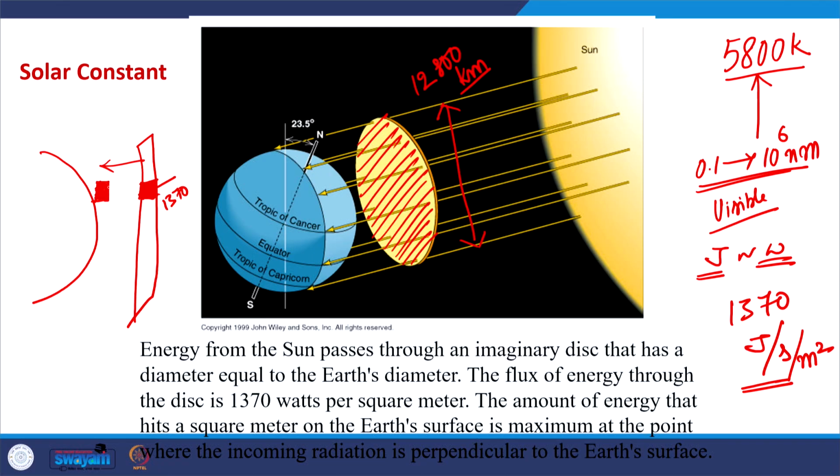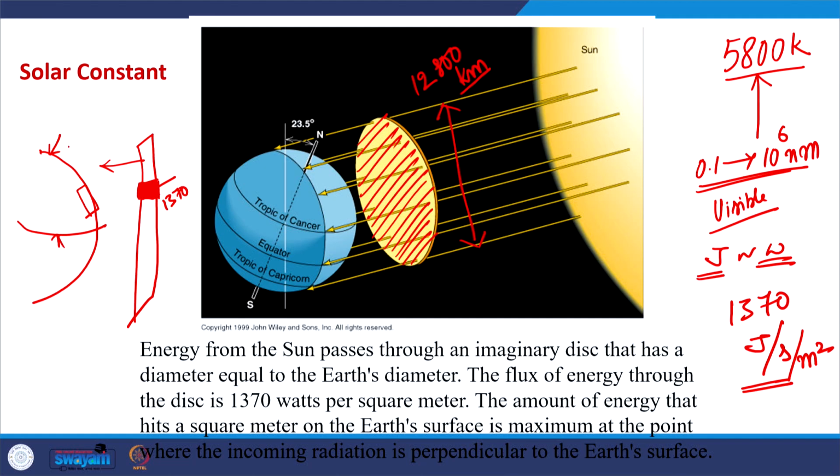But what happens is, because you are projecting it onto a curved surface, this area, if it is projected onto the curved surface, will occupy an area like this. Okay. If you go towards the poles, the area will be larger, the projection. Now, this is the reason why the equator is heated more in comparison to the poles.